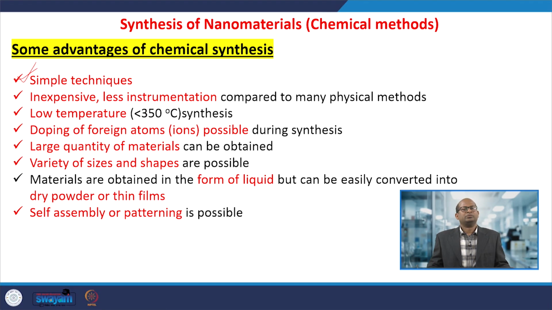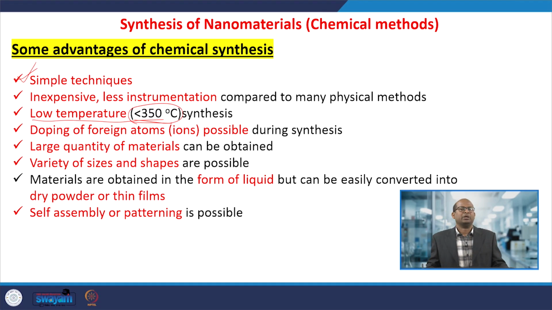Temperature is also important in this process, and we can use very low temperatures when we synthesize a nanomaterial: less than 300 or 350 degrees centigrade, usually 100, 200 or even 50 degrees centigrade.